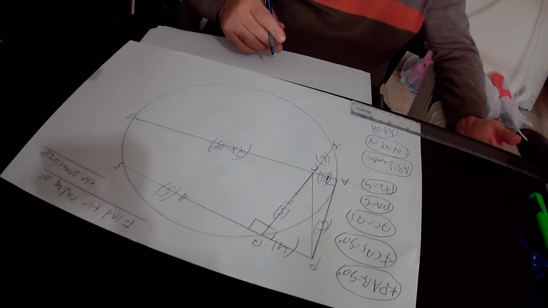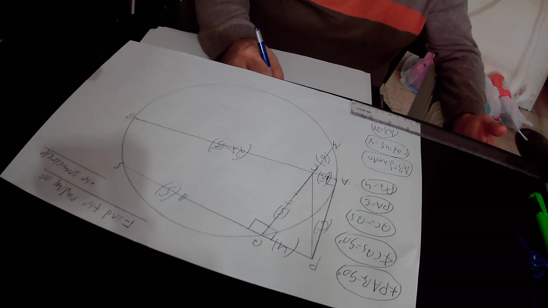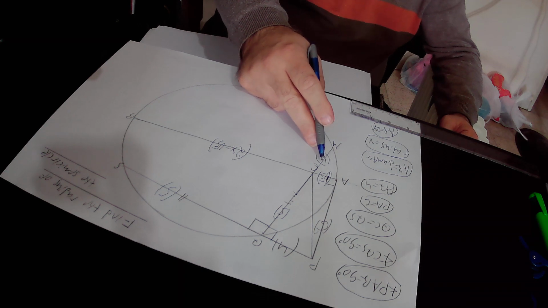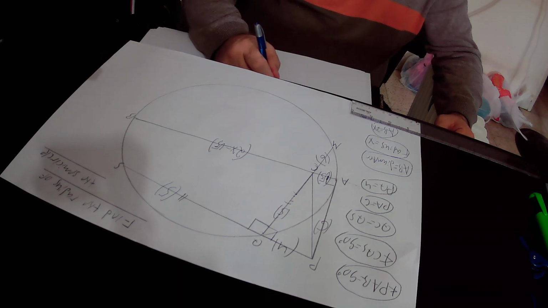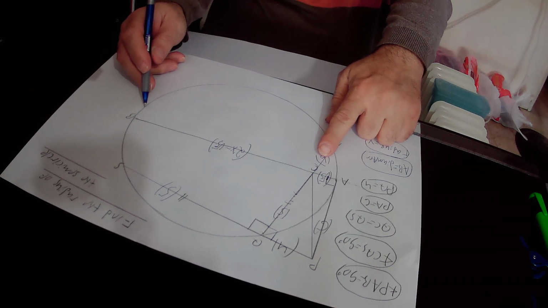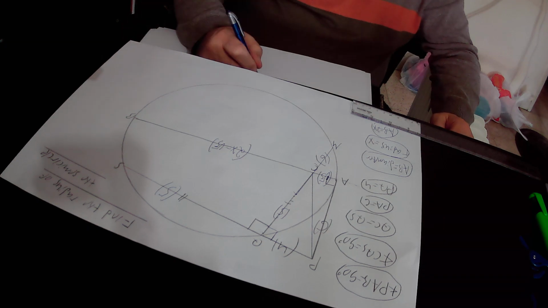So according to rule number 11, this will be equation number 1. AC is equal to square root of 5 times CB. CB equals 2x minus square root of 5.